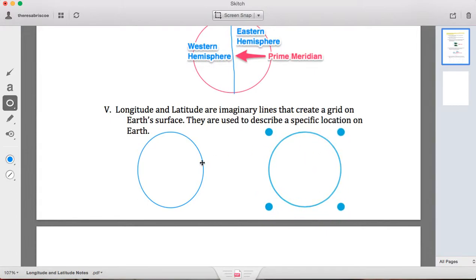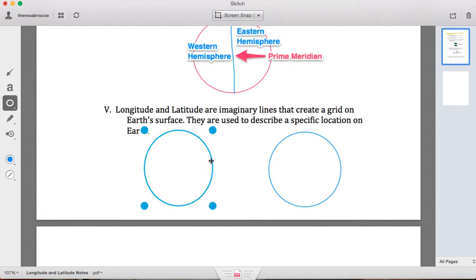Okay, and my circles aren't perfect, and that's okay because it's still going to give us the idea that we need. And my lines of longitude and latitude aren't going to be exact, it's just going to be an example. But when you do your practice, you'll see the exact lines of longitude and latitude. So I'm going to go ahead and get my pen back out, make my lines skinny.